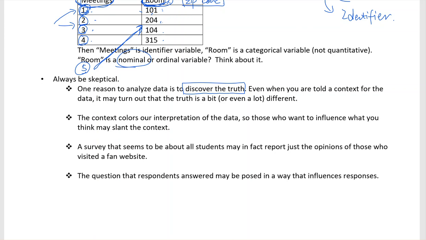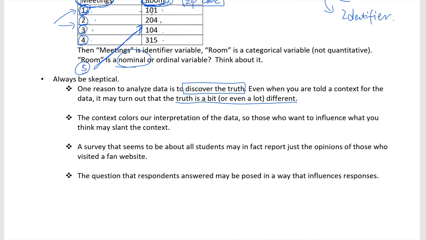Even when you are told the context for the data, it may turn out that the truth is a bit different or even a lot different. So you need to decide by yourself. You cannot depend on what other people tell you.